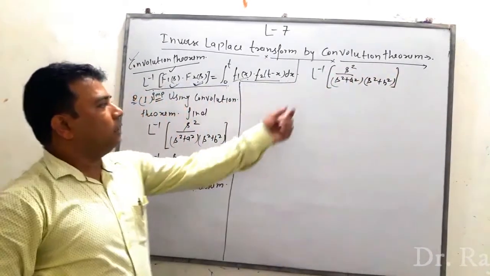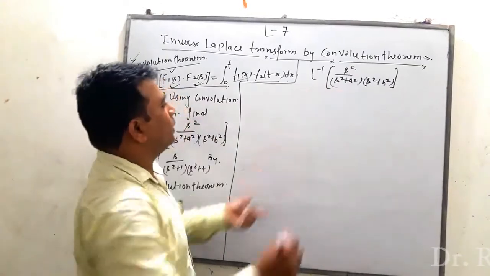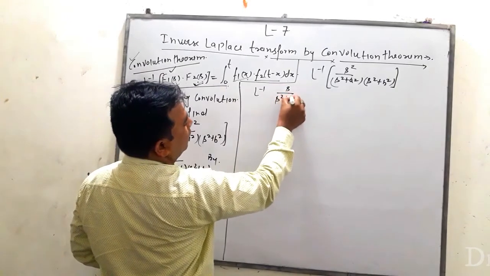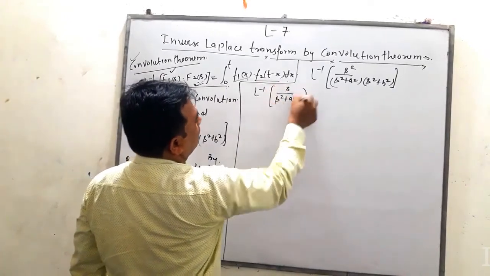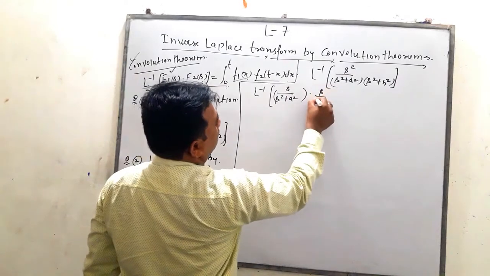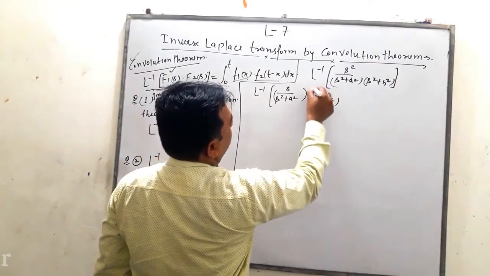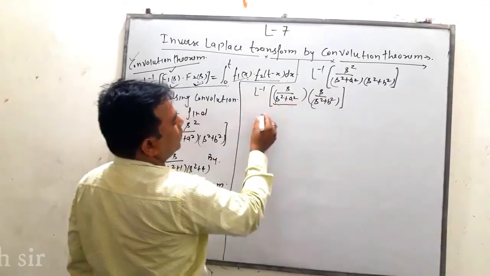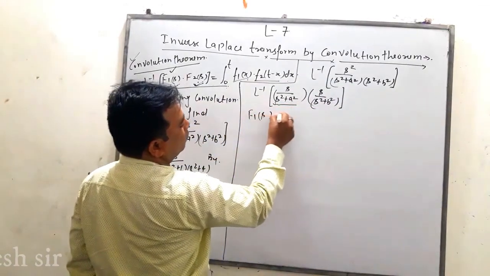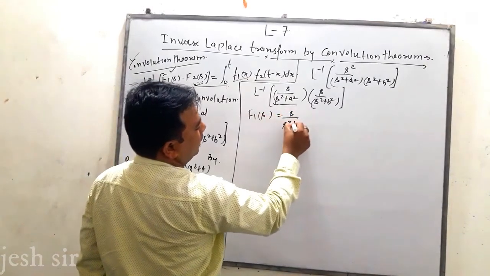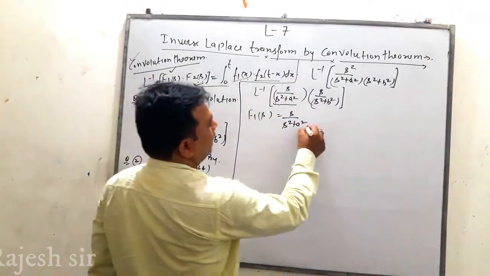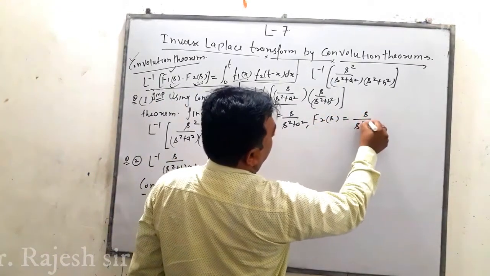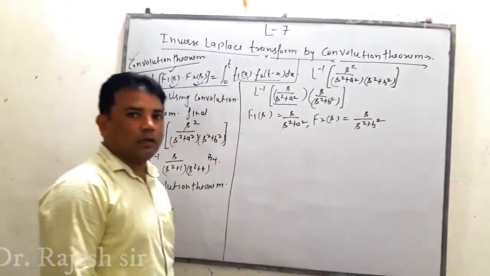We can write this question as two functions: Laplace inverse of s upon (s squared plus a squared) and s upon (s squared plus b squared). We can say that F1(s) equals s upon (s squared plus a squared) and F2(s) equals s upon (s squared plus b squared).